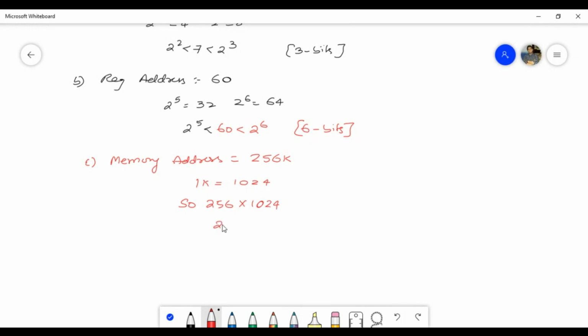So 2 power 8 into 2 power 10 becomes 2 power 18. So we need 18 bits to represent the memory address.